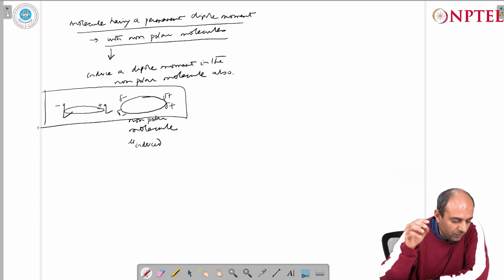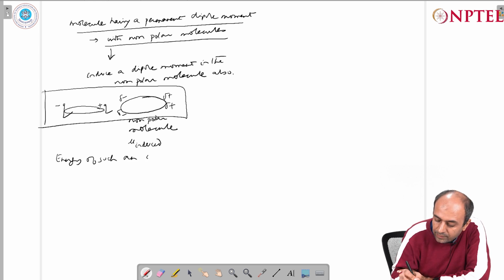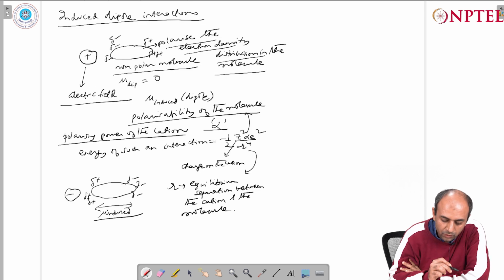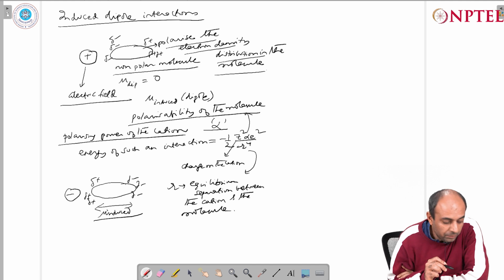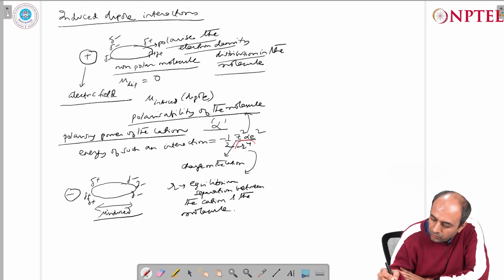And in this regard, what has been proposed is that the energy of such an interaction is equal to minus mu square alpha by r to the power of 6. If you go to the previous classification, in the case of the ion induced dipole, it is r to the power 4.